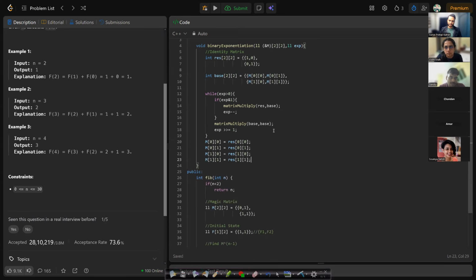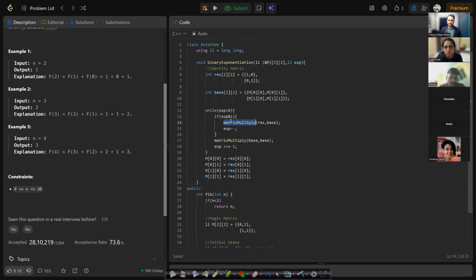Then after that, what should I do? I should write this utility function matrix multiply. How many times have I used matrix multiply? 2 times. Now you see what type of matrices we are multiplying. We are multiplying result with base, and they both have the same dimension. We are multiplying base by base, and they both have the same dimension. I don't care about the value, but I care about the dimension.